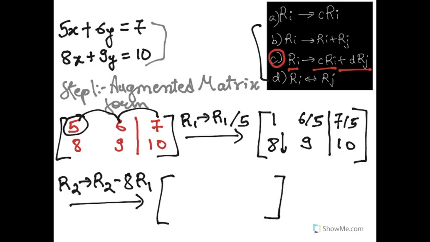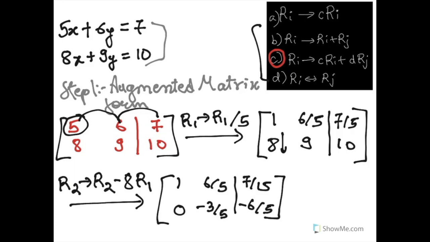So in this case, row 2 would be i, and d would be negative 8, and j would be 1, i would be 2. So that gives us 1, 6 by 5, 7 by 5, 0, negative 3 by 5, negative 6 by 5.